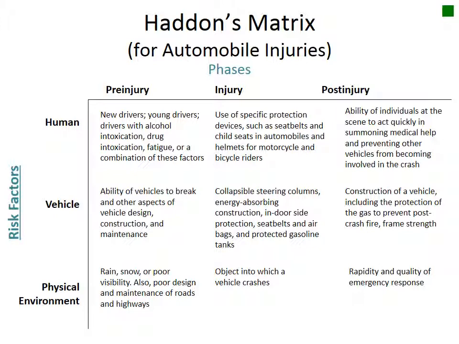There are three main risk factors associated with these injuries: the human, so the person themselves can be a risk factor; the car or van that they're driving; and the physical environment. And one thing we'll add in the physical environment is the social environmental factor.